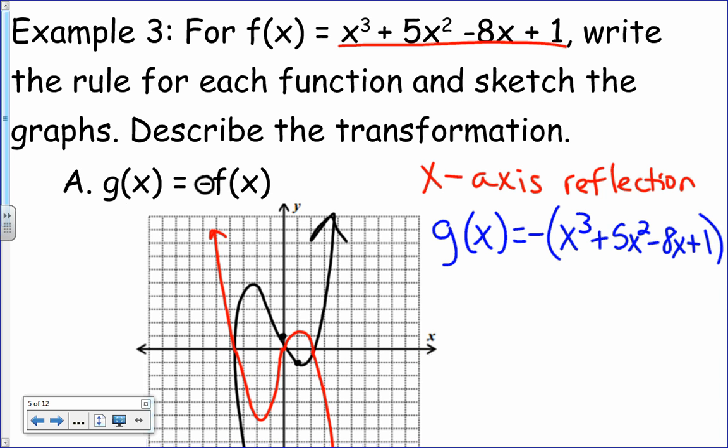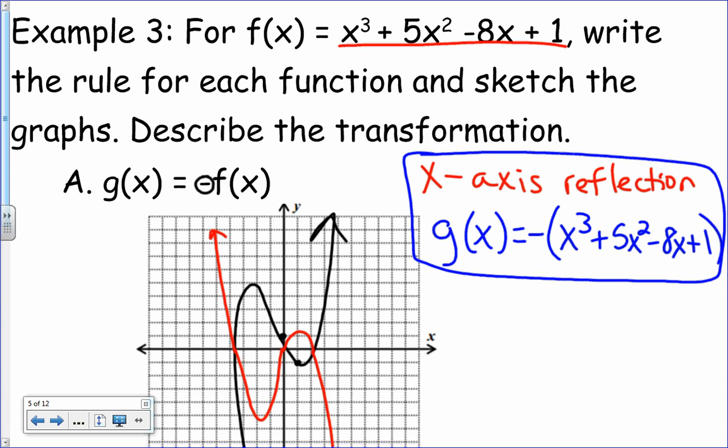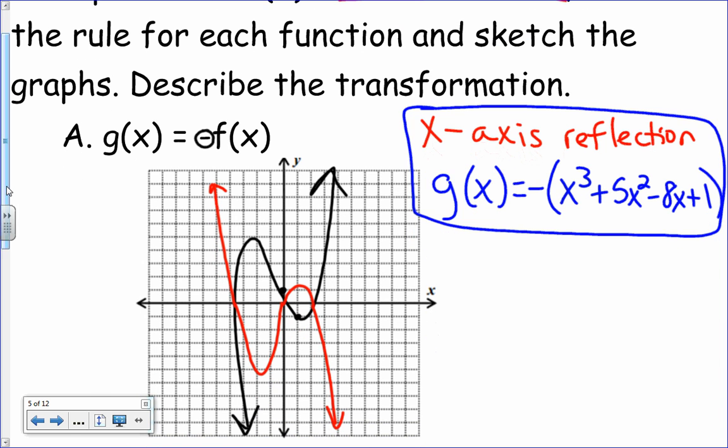So I'm going to let you leave it like that. You got me? So just write x-axis reflection, and then your new function. All right? Now, when we have the pluses and minuses, I want you to combine like terms if you can, like we did yesterday. But with these negatives, don't worry about trying to do the operation out. Got me? All right, let's look at 3b real quick.